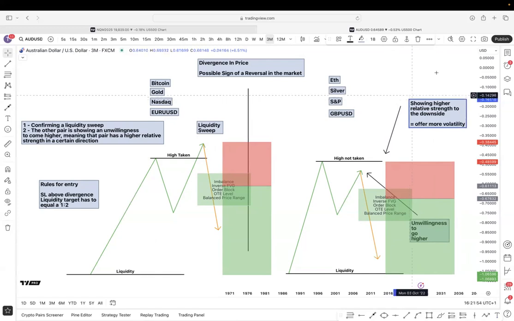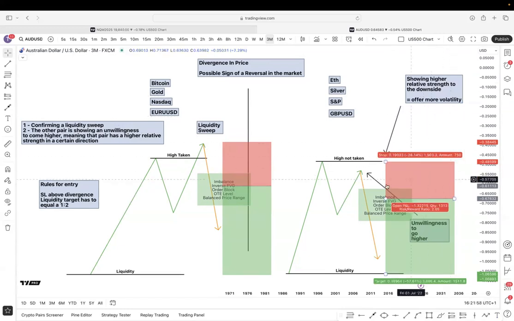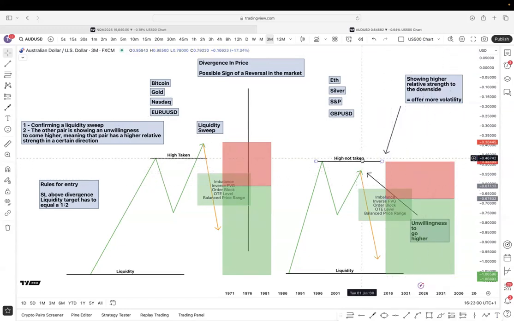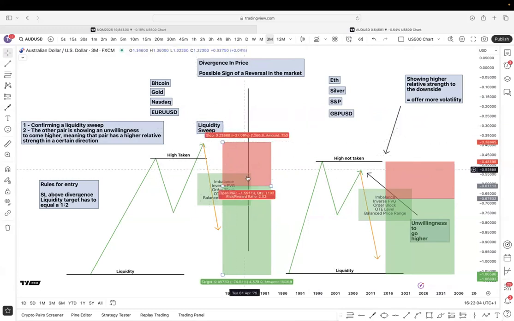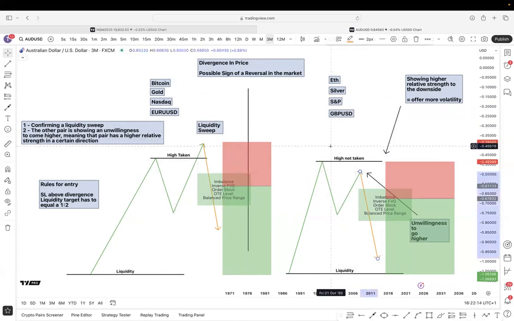I apologize if I got that wrong. So the higher probable move would actually be taking this particular pair here, which sounds crazy because I've always been talking about liquidity sweeps. And in all honesty, you can still enter on here, but now we're utilizing this particular pair over here compared to this one here, which has not taken the high. But you've still got a liquidity sweep in price. You've just got it on another pair now.